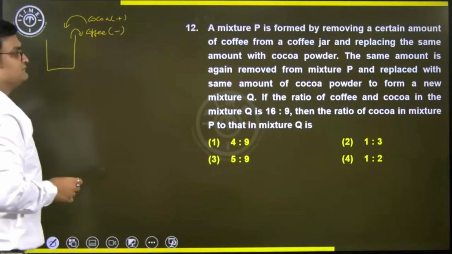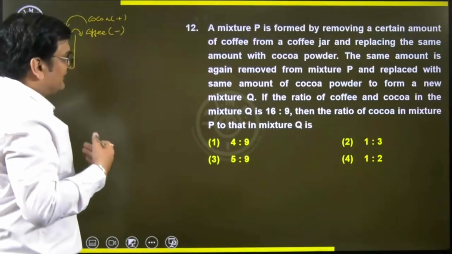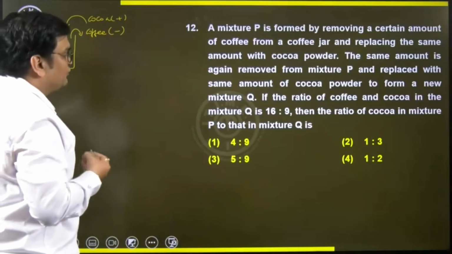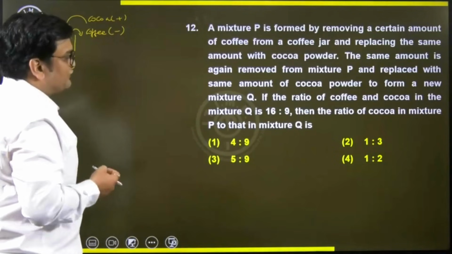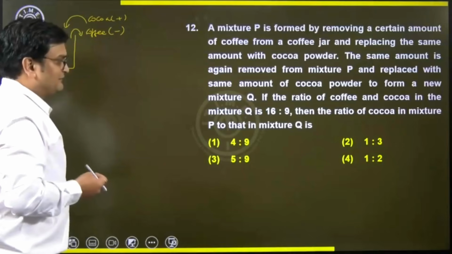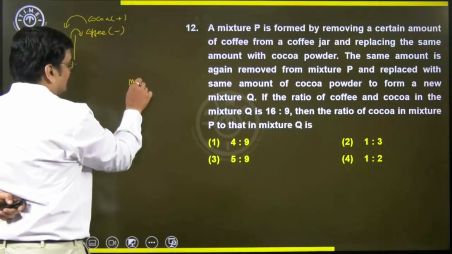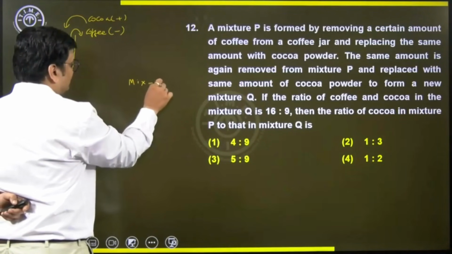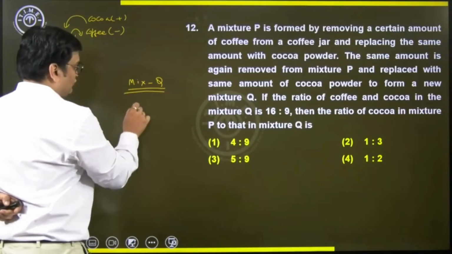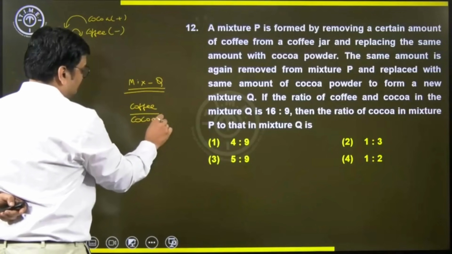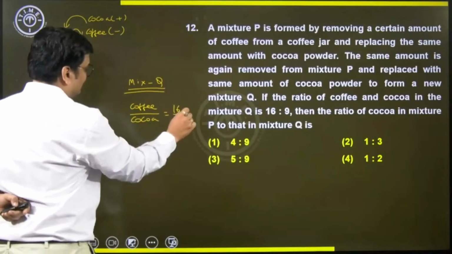The same amount is again removed from the mixture P and replaced with the same amount of cocoa powder to form a new mixture Q. If the ratio of coffee and cocoa in the mixture Q is 16:9. So mixture Q I am talking about. So coffee by cocoa is given as 16/9.